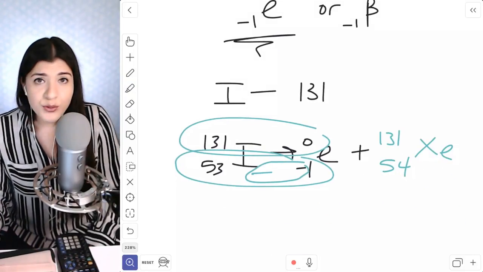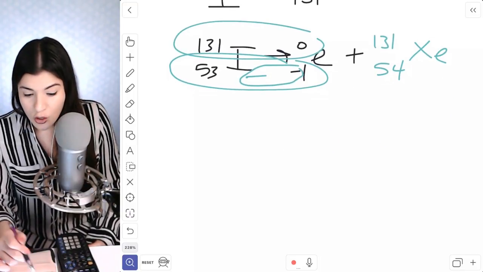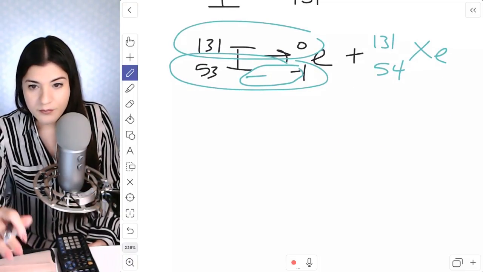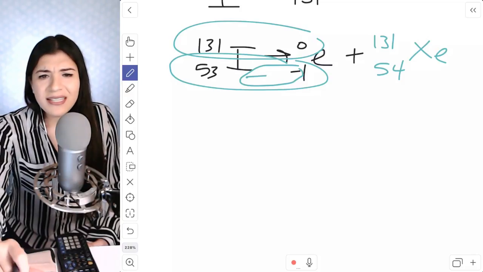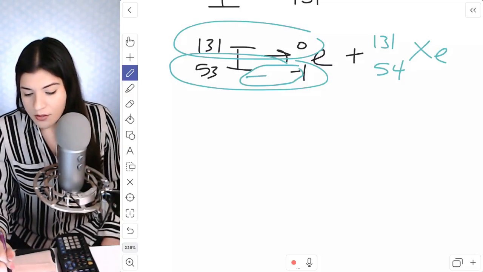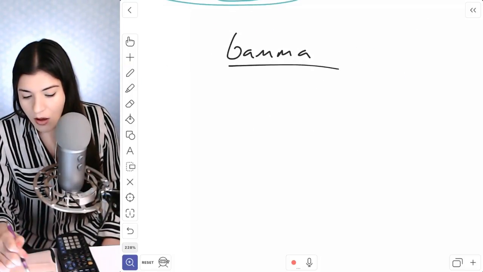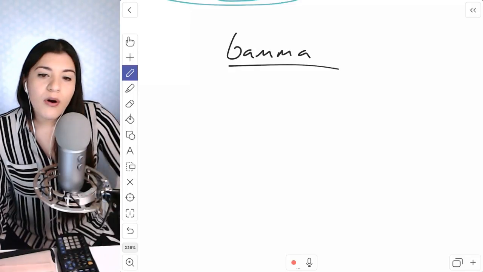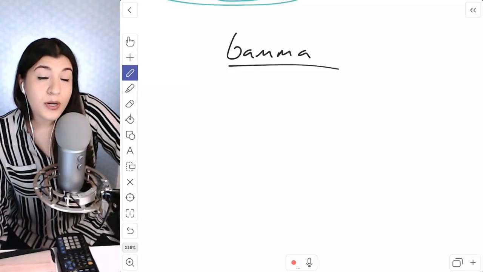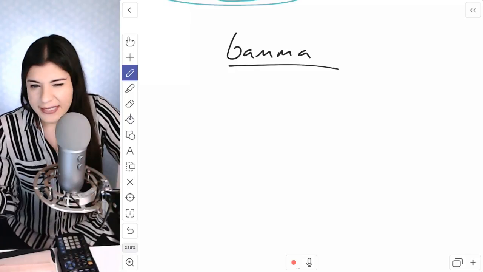For gamma, there's going to be really no change. So here, if we were to have gamma, let me show you the symbol for gamma, and here's an example. So here's gamma. All that's happening is the element or whatever you have is going from an excited state.